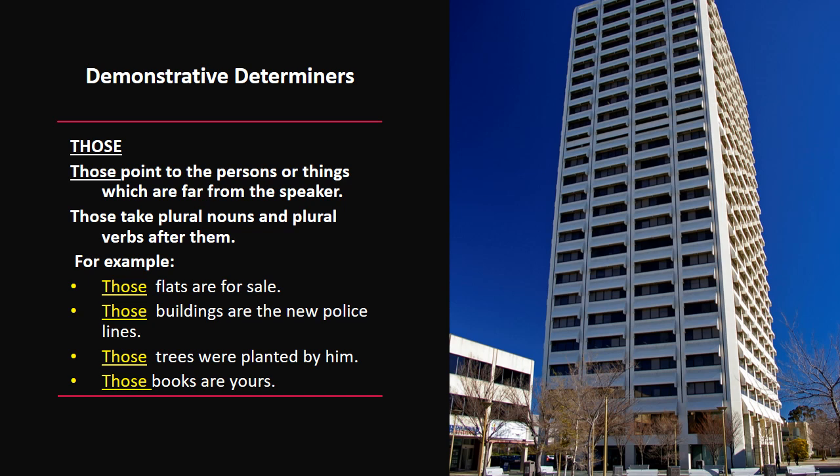For example, those flats are for sale. Those buildings are the new police lines. Those trees were planted by him. Those books are yours. So students, I think this thing is quite easy and simple to understand.